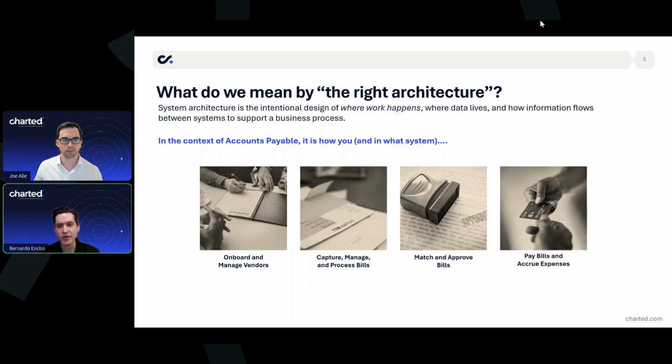And then last but not least, how you pay your bills and how you accrue your expenses at the end of the month. So as we go through the rest of the conversation, keep these things in mind, because we're going to talk about architecture. We're going to talk about where you go in the system to do some of these things. And this is the basis for the conversation today.